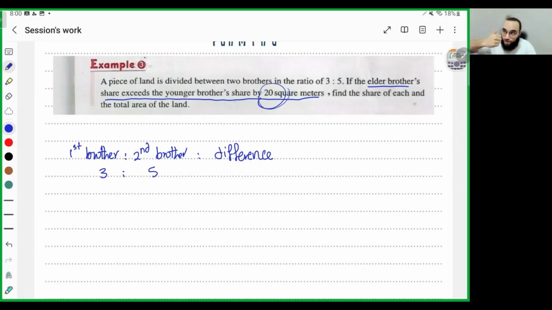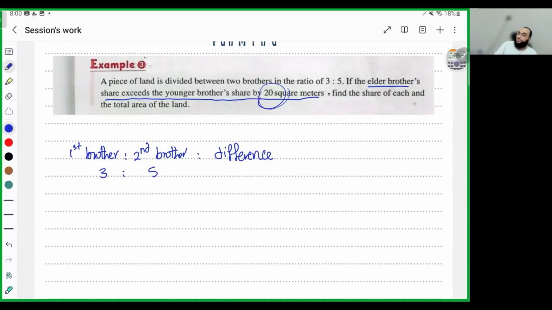Because the elder one exceeds the younger one by 20. So the difference between them is 20, not the sum of them is 20.